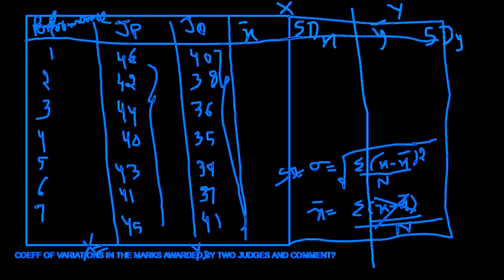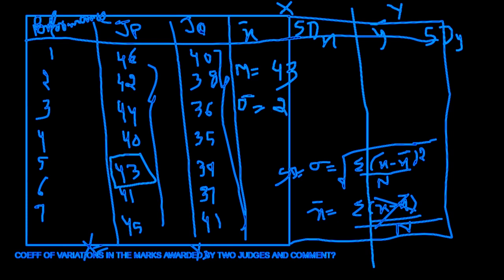Say suppose हमारे पास जो values आ रही हैं, I'm giving you the answer so that you can evaluate yourself. We are getting the mean for X as 43, and the standard deviation of the given data is 2.